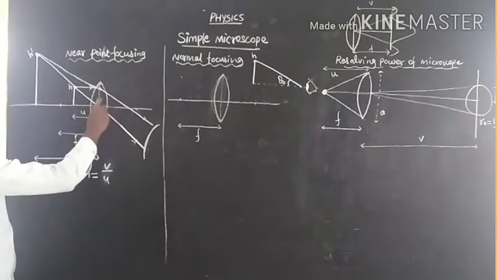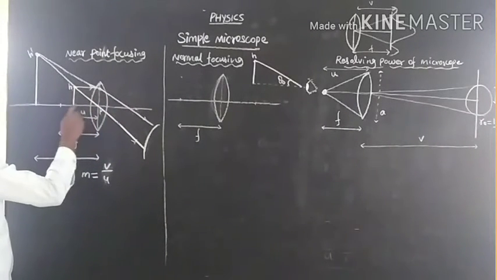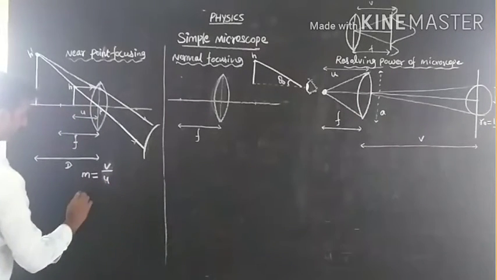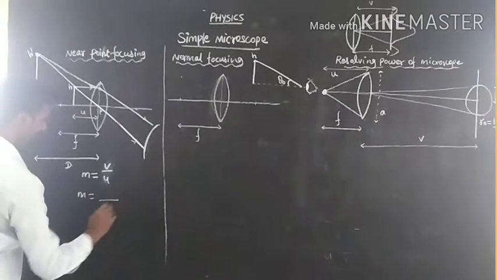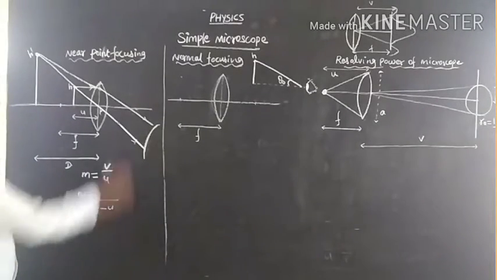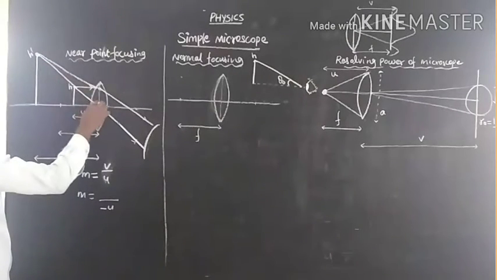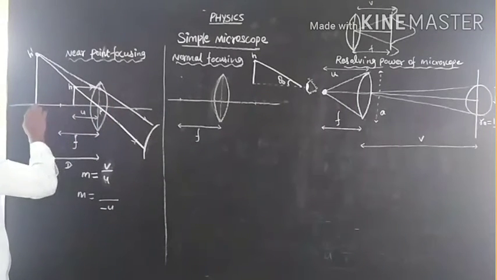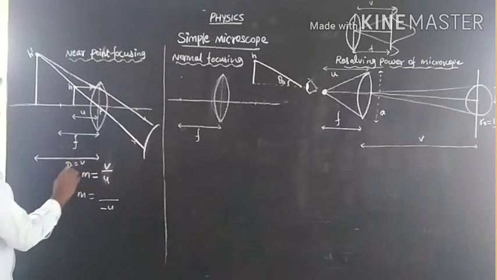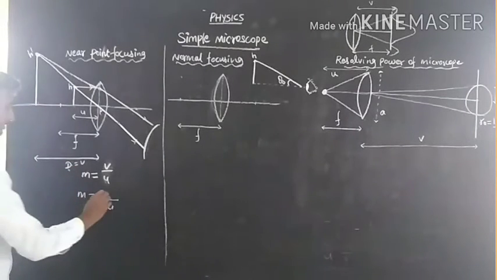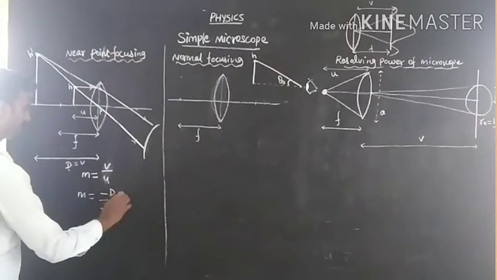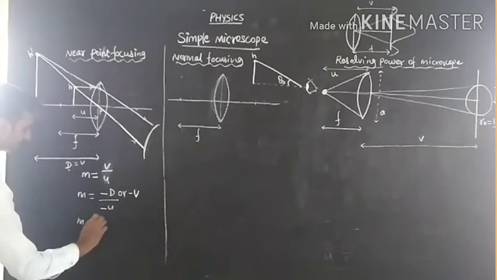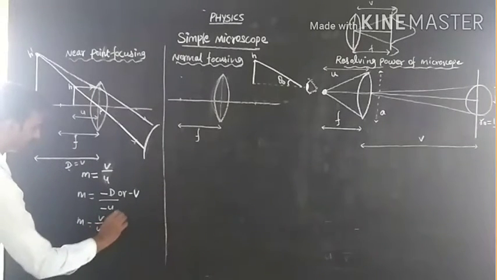From the diagram, the position of the object is on the left side of the optic center, therefore M equals minus U. The image is formed at a finite distance, also to the left side of the optic center, and for near point focusing it is denoted as minus D, or minus V. So we get the magnification once again as V by U.